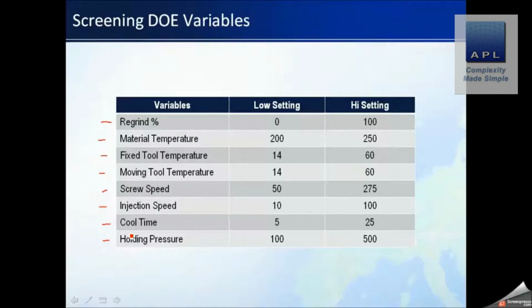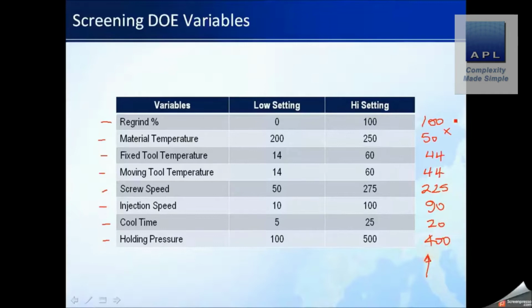But actually what most people do is they only count the variables. They don't look at the number of combinations. So look at this. You have 100 choices multiplied by 50 choices multiplied by 44 choices by 225 choices by 90 choices by 20 choices by 400 choices.